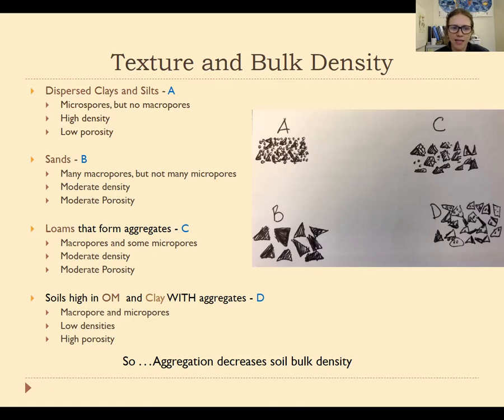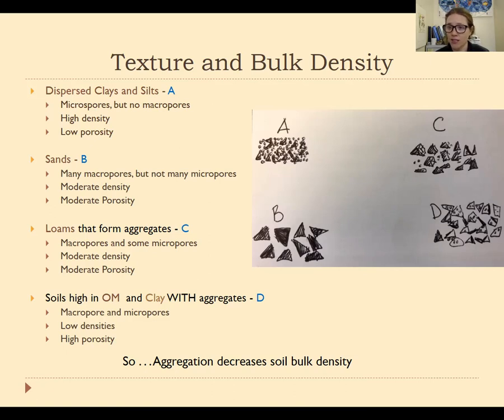And then finally, loams or other soils that are really high in organic matter and have lots of clay. So this might be a clayey loam, or just a loam that has lots of good organic matter and really great aggregation. Hopefully you can see the difference between image C and image D is that the soil particles in image D are supposed to be much more tightly clumped together in bigger aggregates.